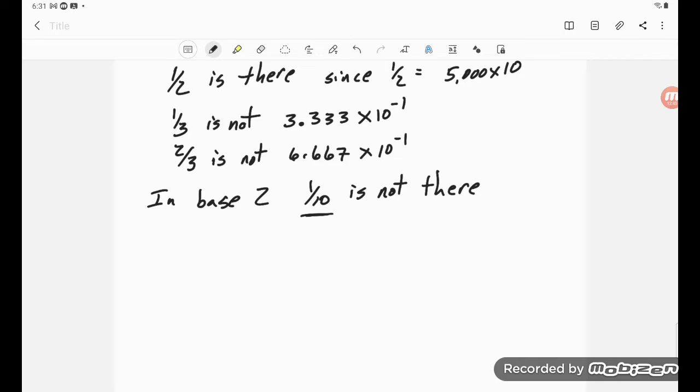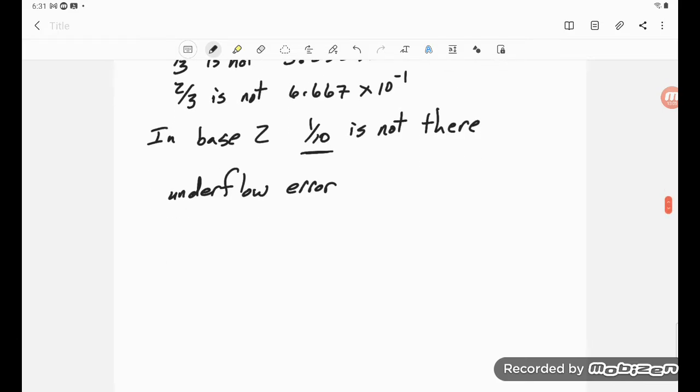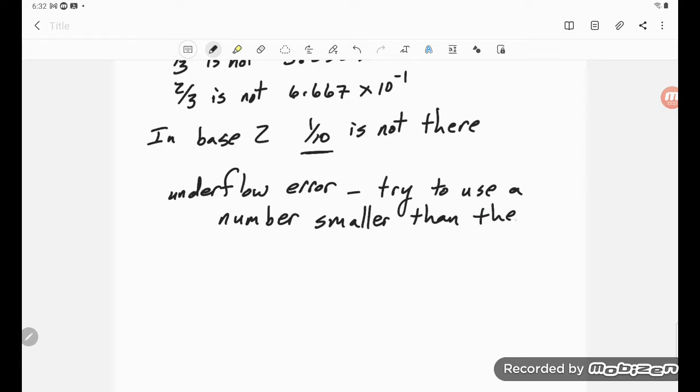Now, because of the smallest and the biggest, we can have a couple things. Because we have a smallest number, we can get underflow errors. Underflow error, and that is when we try to use a number smaller, and of course I don't mean 0, so smaller than the smallest number.